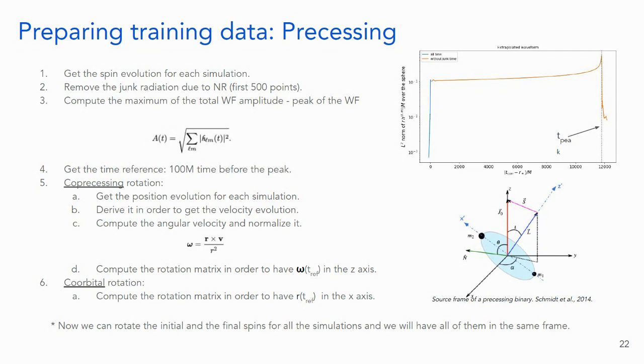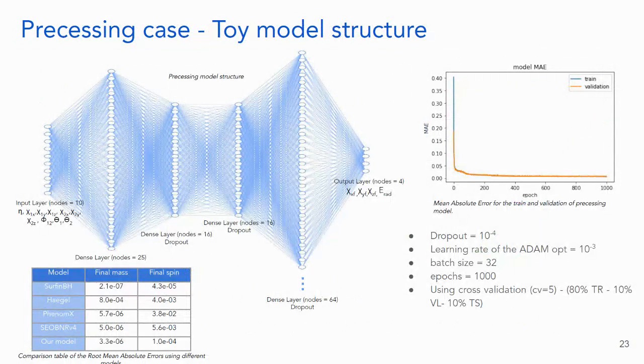And finally, once we have this rotation, we also do a rotation in the co-orbital plane in order to have the x-axis defined by the distance between the two black holes. Once we have this, we can train our neural network.